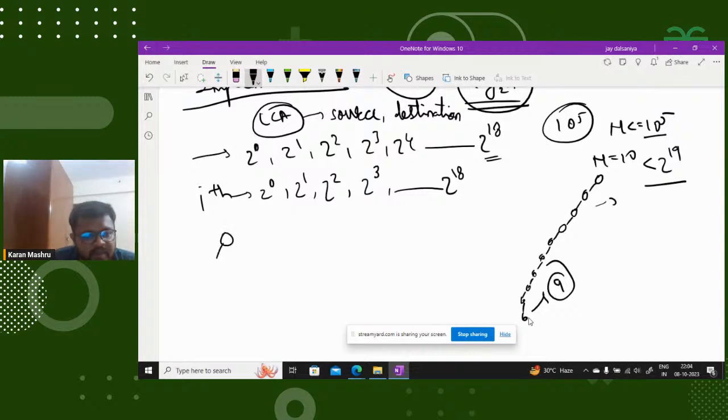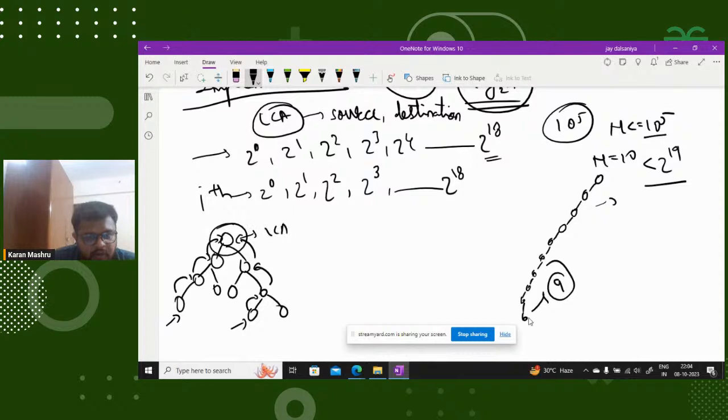Understand one thing. One way of calculating the least common ancestor is to just keep moving upwards. Let's say I want to find the least common ancestor of this and this. I keep moving upwards until I find a common node. So I go here, I go here, I go here, and find a common node. This is the least common ancestor, right? But here this node was at level 3 and it required 3 steps to go up.